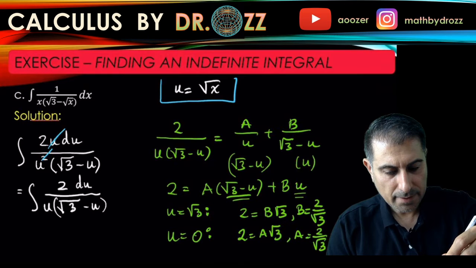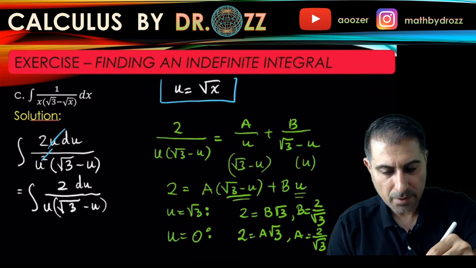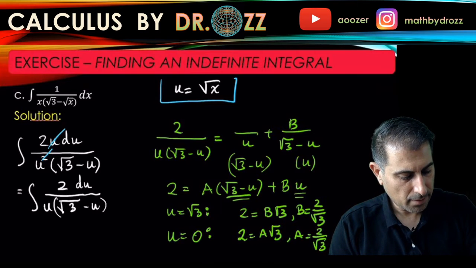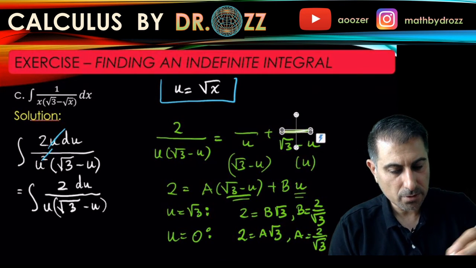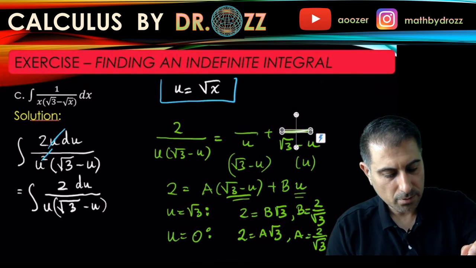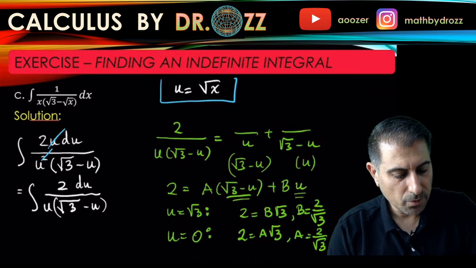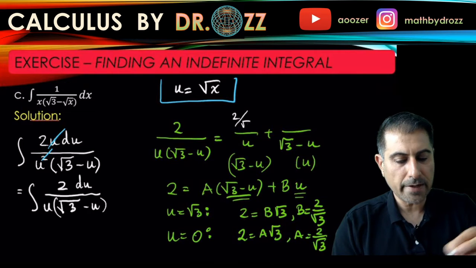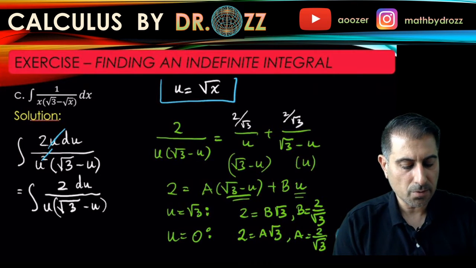All right, I can go ahead and place those values back in here. So A and B, I'm going to put 2 over radical 3 and 2 over radical 3.